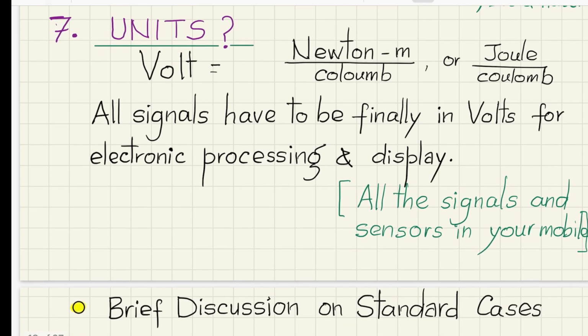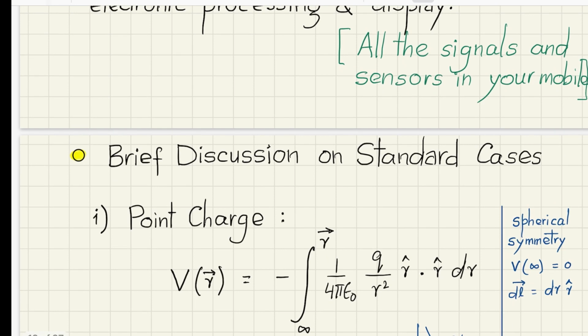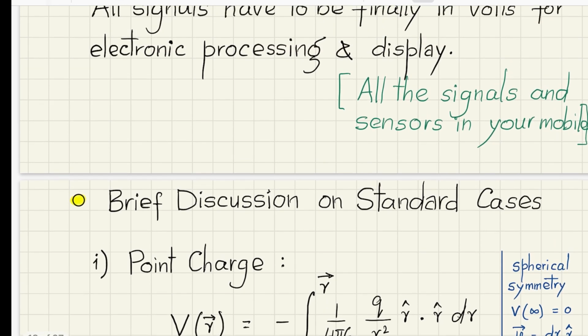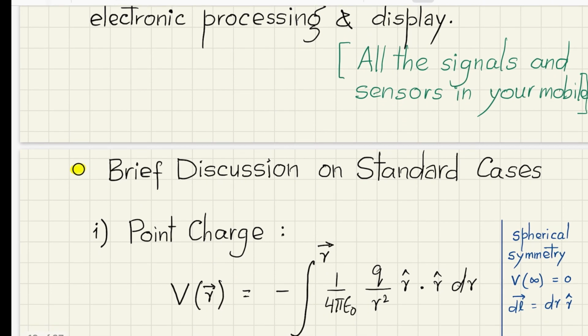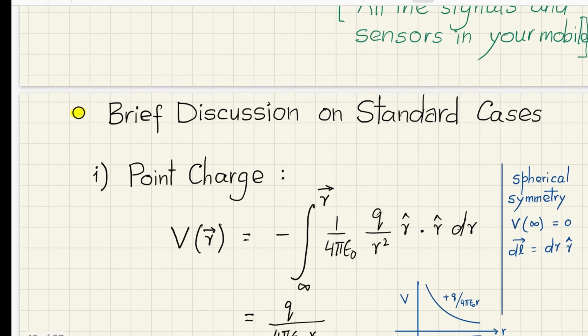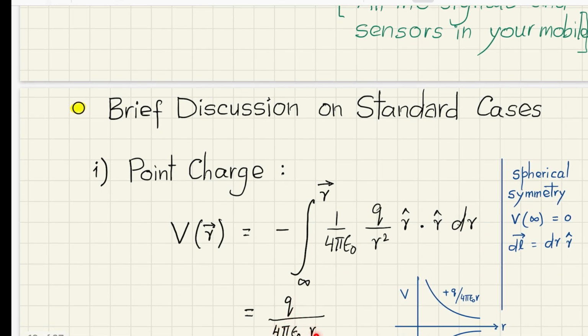Let me come to a brief discussion on standard cases, which you know, but I'll just point out. What is the point charge potential? If I start from infinity to r, at any point r where I want my potential, I integrate the electric field dot dl. I just take the most convenient path because it's path independent, along r. So of course we know it is q over 4 pi epsilon naught r.